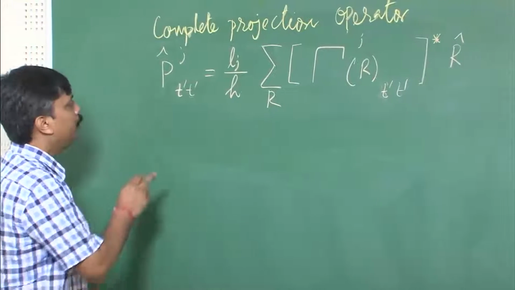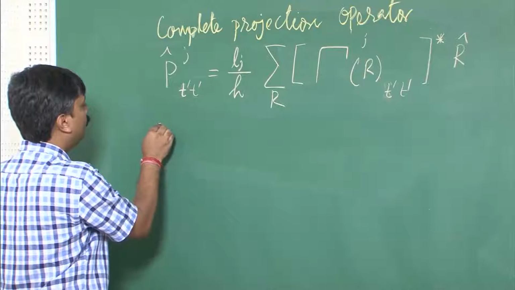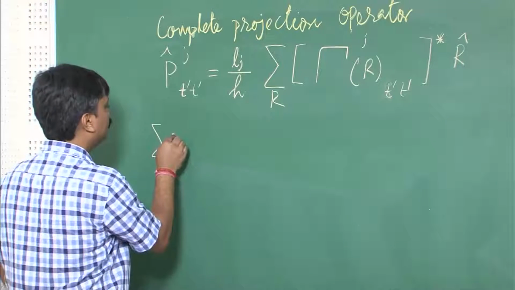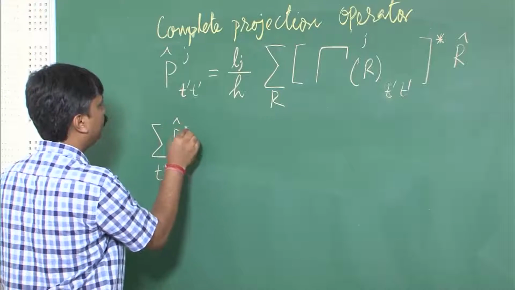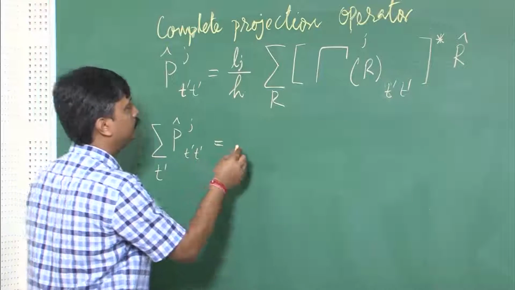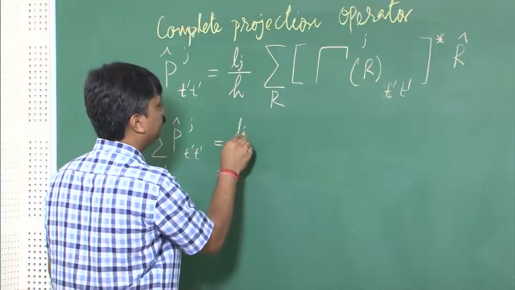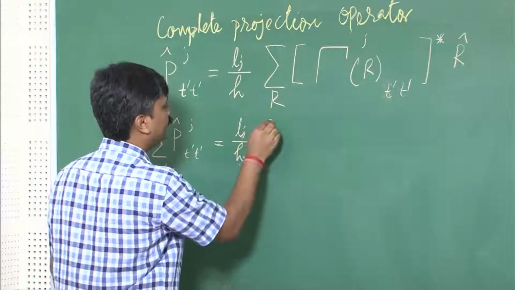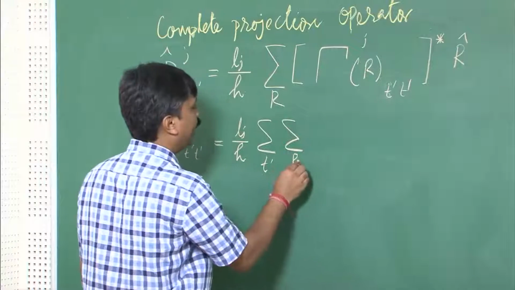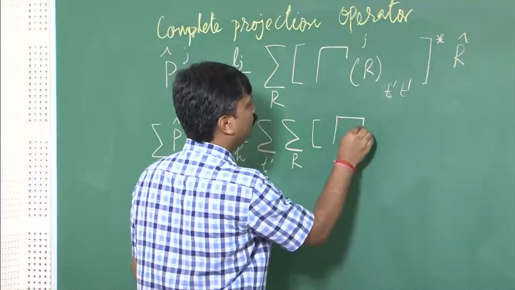So if you sum over both sides over the element T prime, you get this is equal to, you can take this one out, Lj by H, and then you sum it over T prime, and you already have a sum over R, and then you have the matrix elements, right?